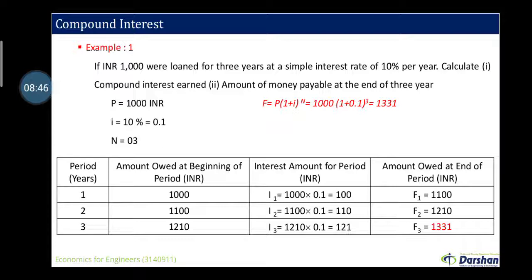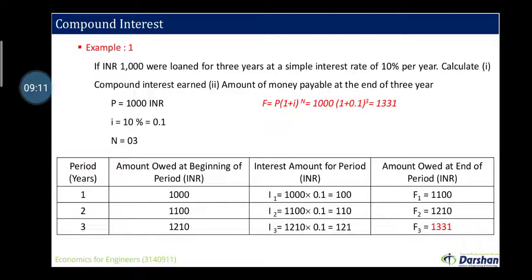So here the number of years are 1, 2 and 3. The amount at the beginning is 1000. So 1000 multiplied by 0.1, you get 100 rupees. Then at the end of the first year you get 1000 plus 100, so 1100. Then in the second year your principal amount is not 1000, yes, 1100. 1100 multiplied by 0.1, so you get 110.